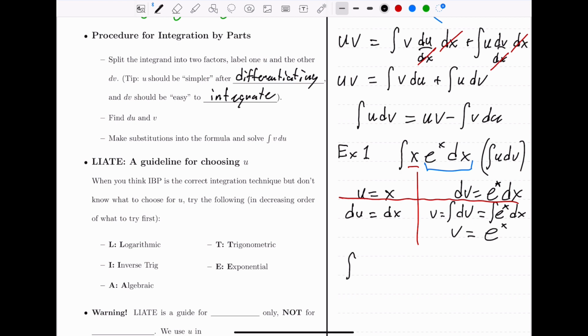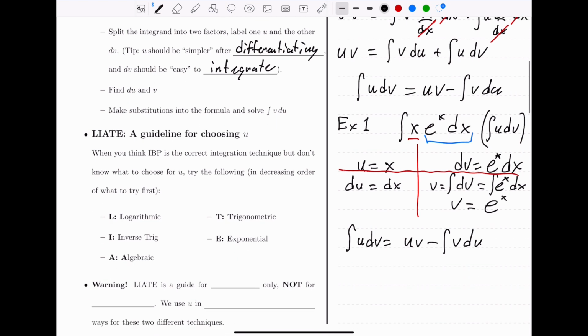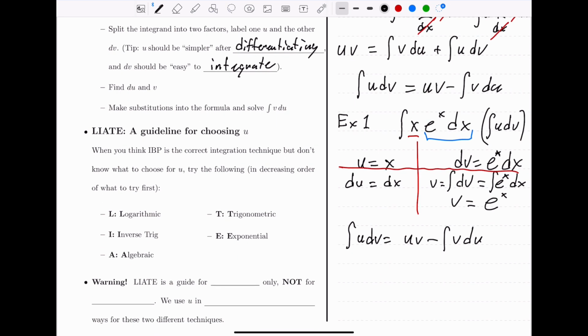Here's the formula. The integral of u dv equals uv minus the integral of v du. So let's make these substitutions. u is x. So we have x times v, which is e to the x, minus the integral of v, again e to the x, times du. du is simply dx.